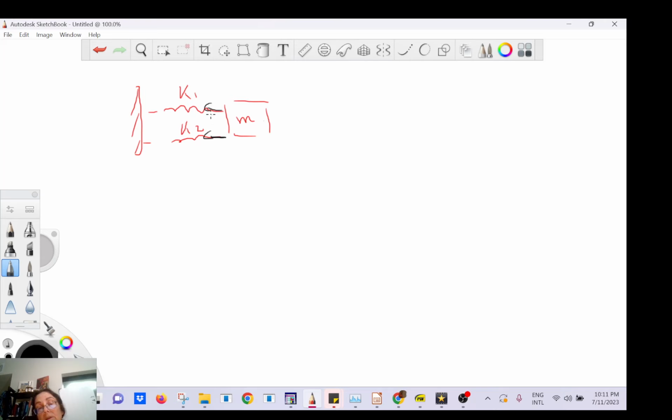Because in that case, you have two forces to the left, minus K1 x and minus K2 x, because they move by the same amount. And then sometimes you have a more challenging one, where you have a spring, a mass, and then another spring. I don't think I did this one. I just forgot.